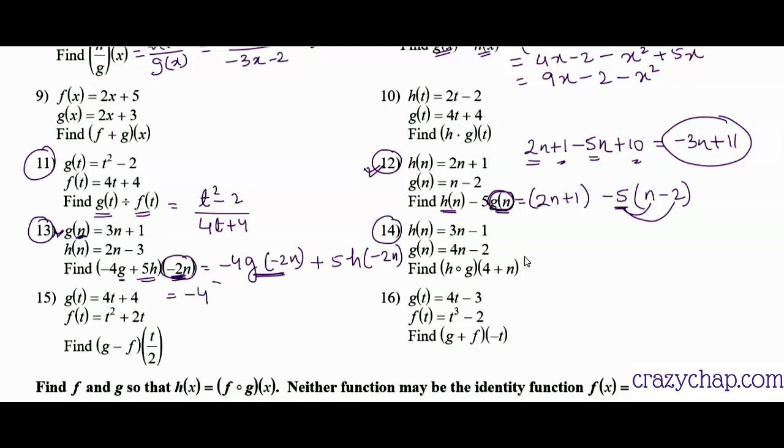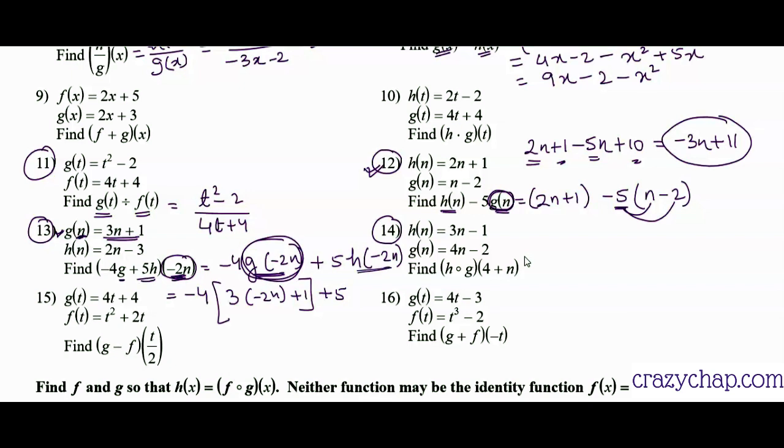Negative 4, and for g of minus 2n, in place of n I'm writing minus 2n. So I will get 3 times minus 2n plus 1, and plus 5.